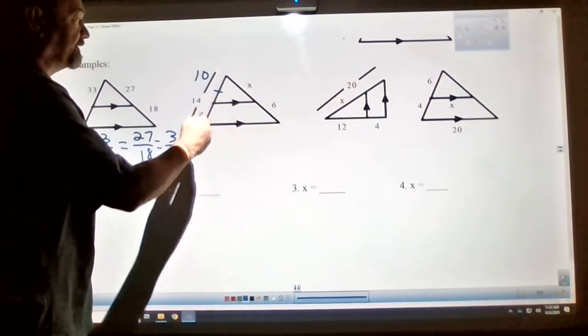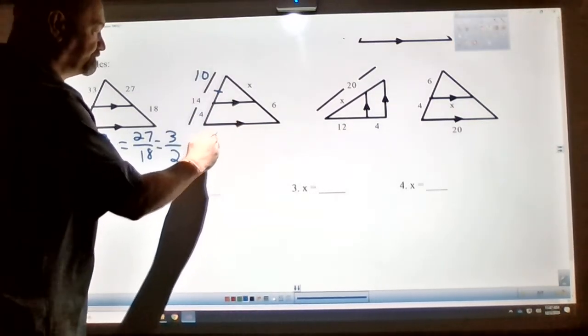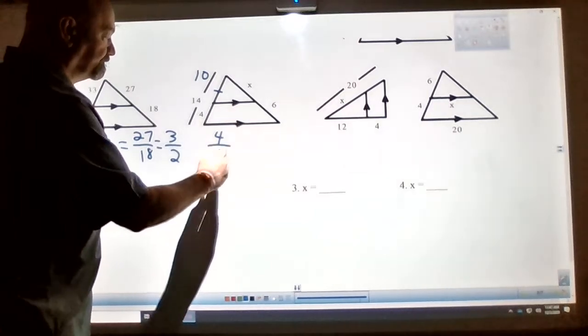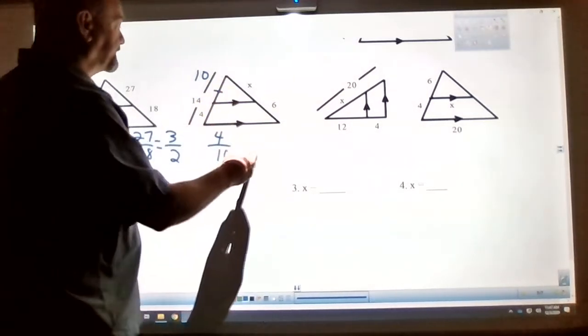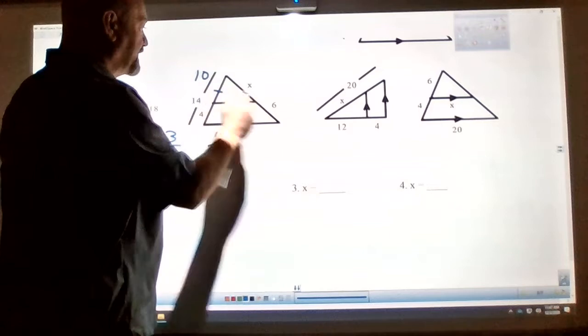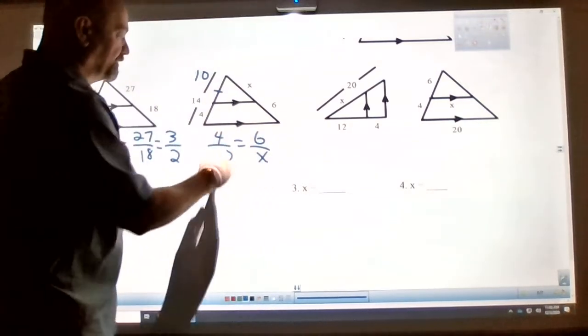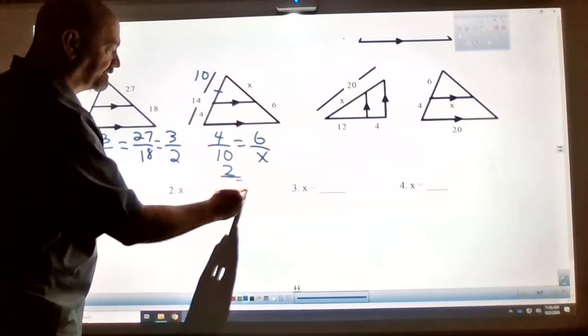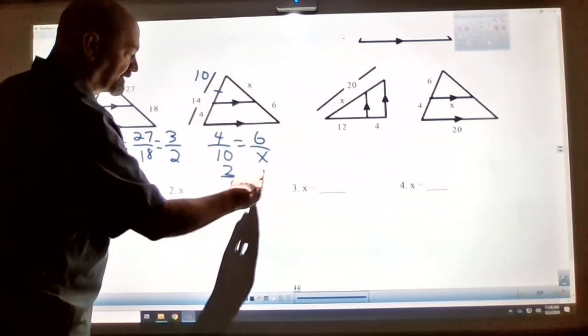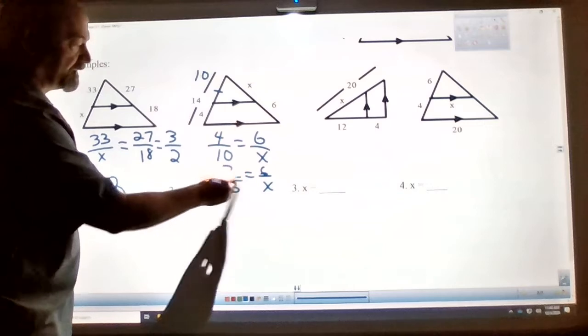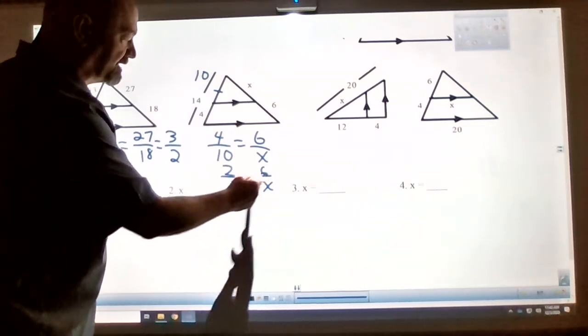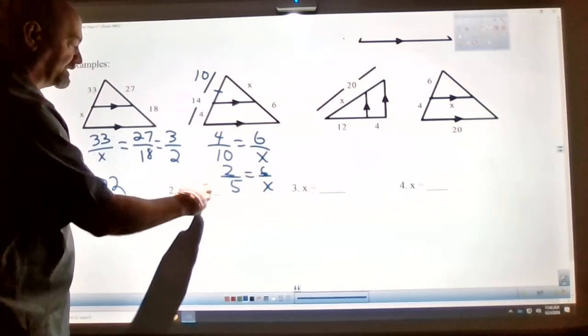So now I can say 4 is to 10 as 6 is to X. Okay, 4/10 is 2/5. So 2 goes into 6 3 times, 3 times 5 is 15. So X is 15.